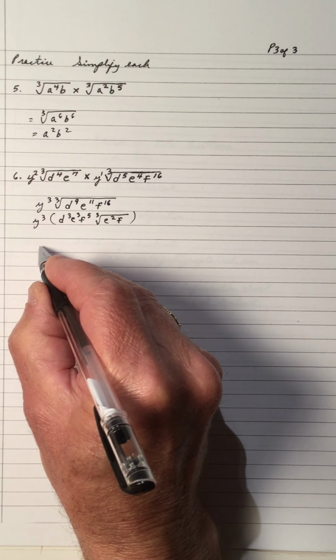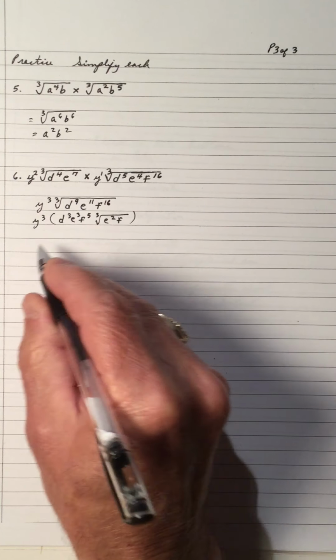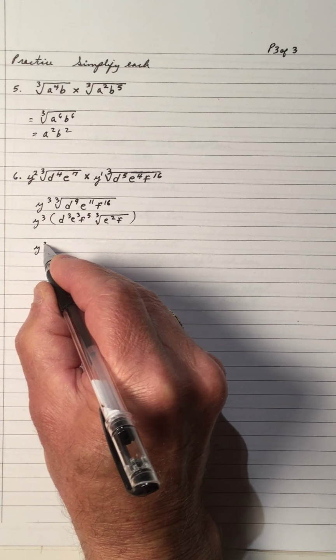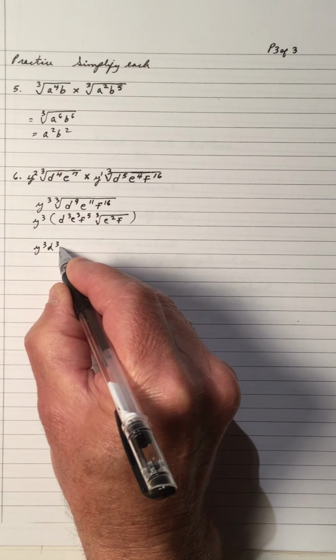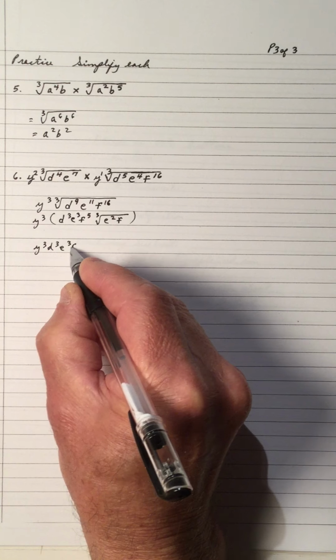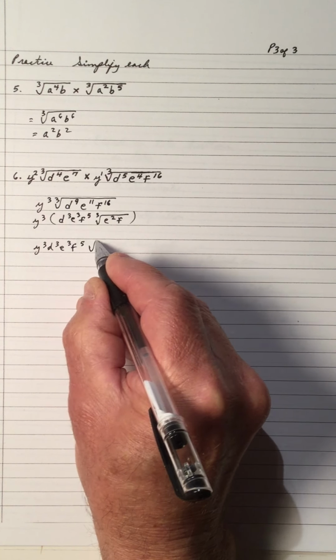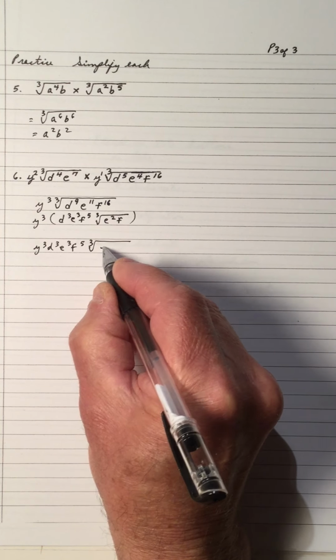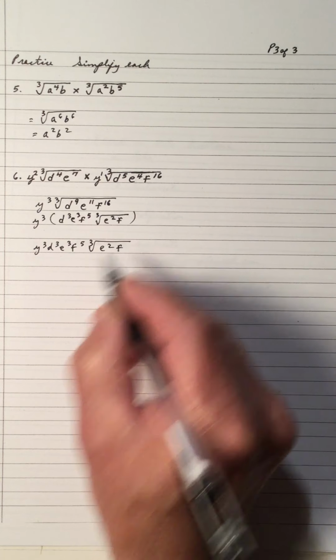So that becomes, whatever order you want to put the letters in, y cubed, D3, E3, F5, cube root of E squared F.